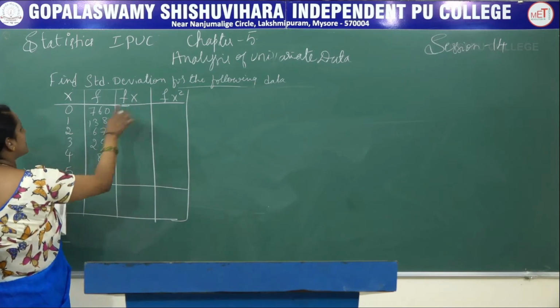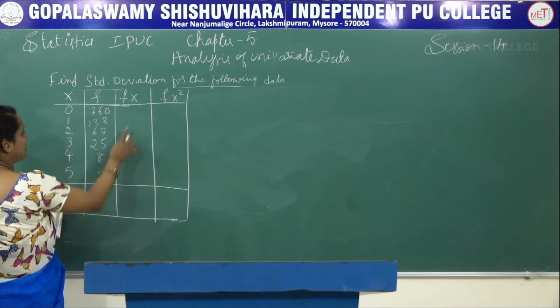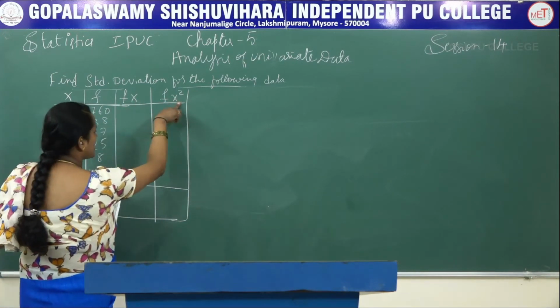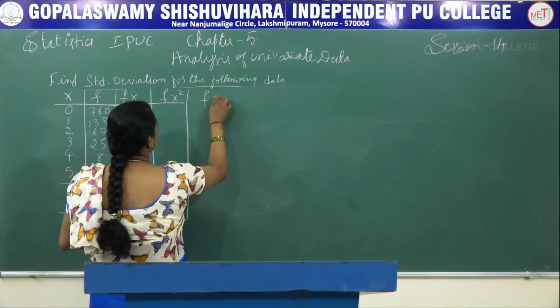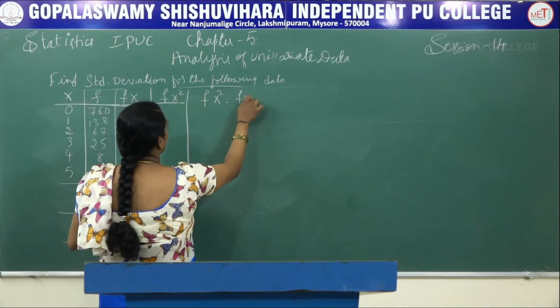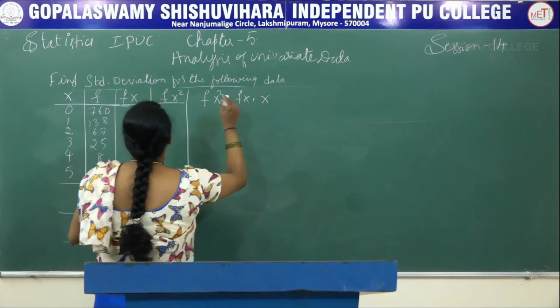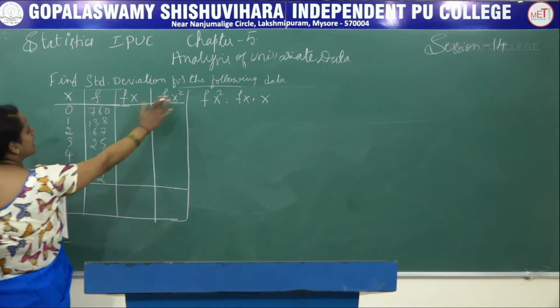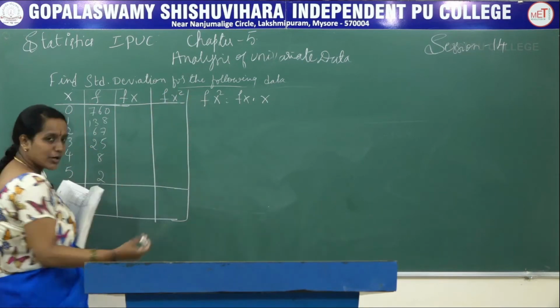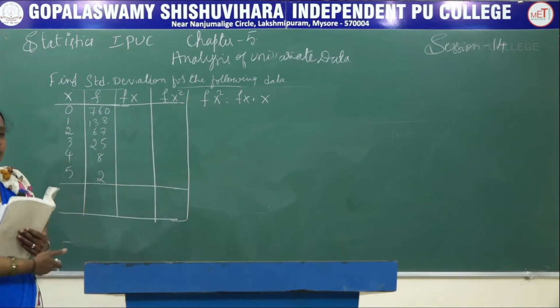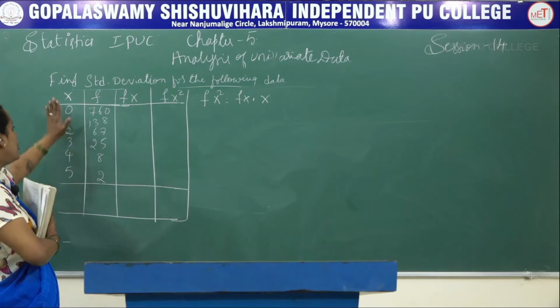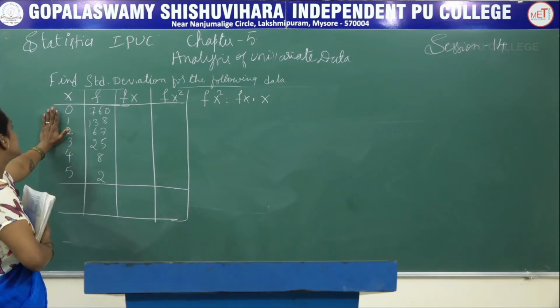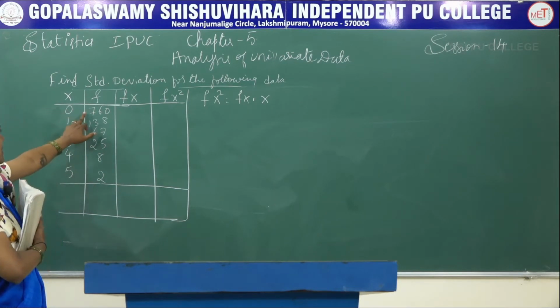F into x means you multiply the f column by the x column, and f x square is nothing but fx into x. This fx column should be multiplied by the x column, so that you get the fx square column. Or else you can square the x column, then multiply by f.